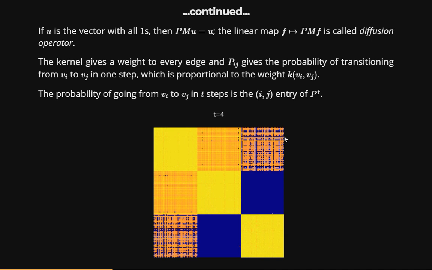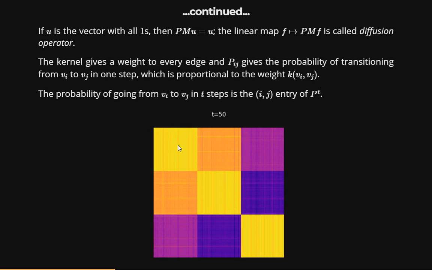But for example, for t equal 4, you can see that these two clusters begin to merge, so they are still distinguished, but not so clearly. For t equal 50, you still see 3 clusters, but these two are almost the same. You can see from the color. The color obviously is proportional to the number.